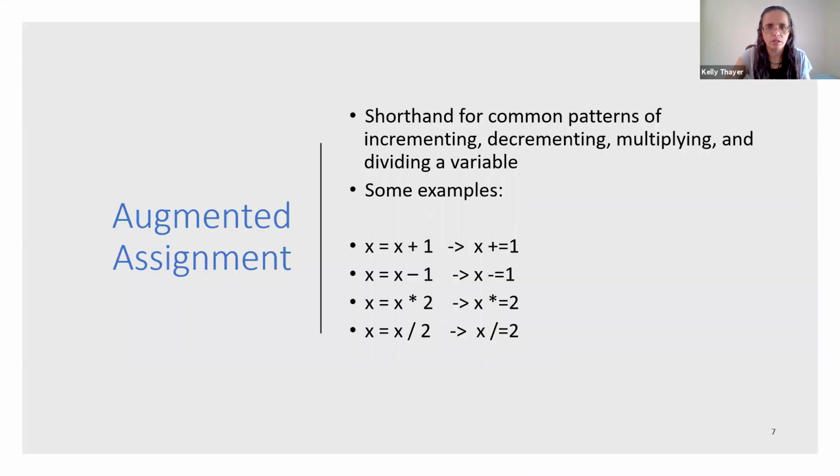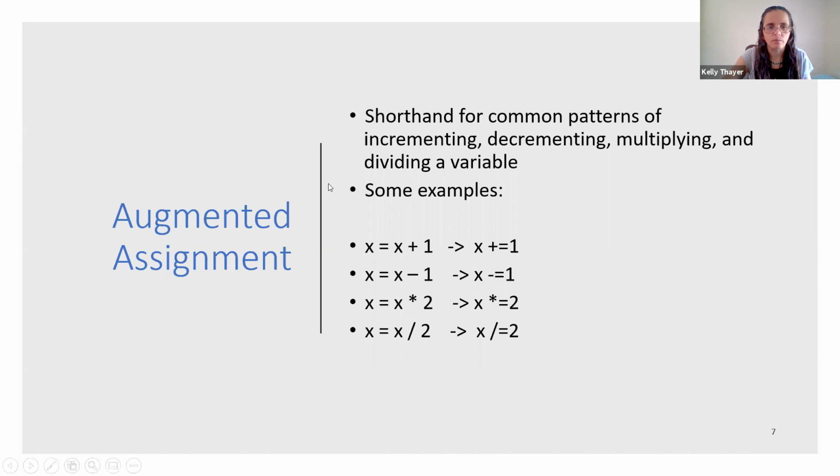The next thing we want to think about is augmented assignment. This is very useful, and it is shorthand. It is, in fact, not actually necessary, but computer scientists are kind of lazy people, and they don't like to type a lot. So they come up with a lot of things to do for shorthand. Here's shorthand for common patterns of incrementing, decrementing, multiplying, and dividing variables.